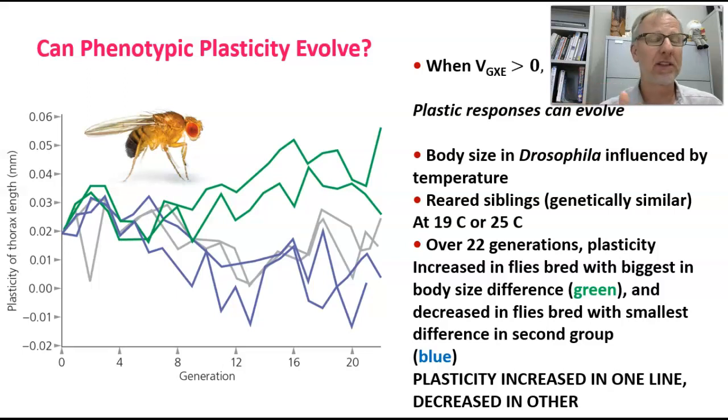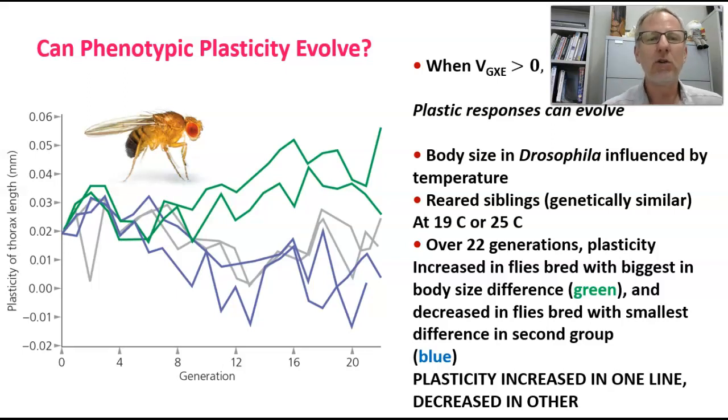One key experiment that demonstrates this is shown here, this big graph of fruit fly thorax length over many generations. So body size in fruit flies, Drosophila, is influenced by temperature. And so siblings, of course, that are genetically similar, were reared at temperatures of either 19 degrees or 25 degrees.